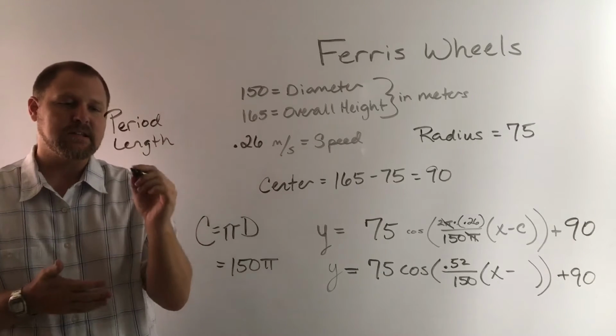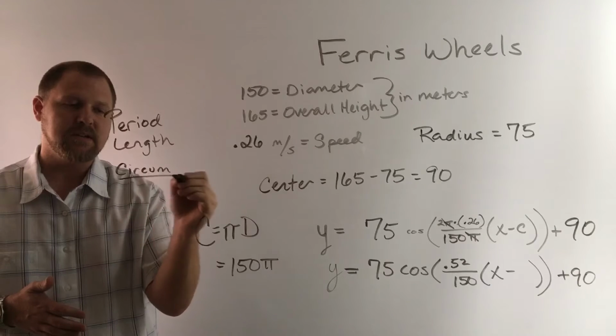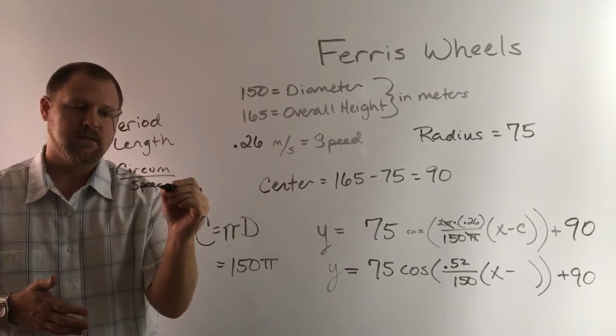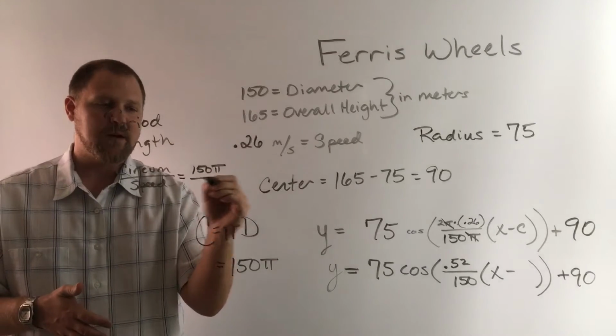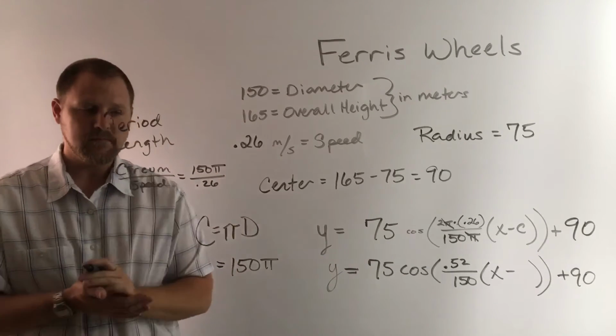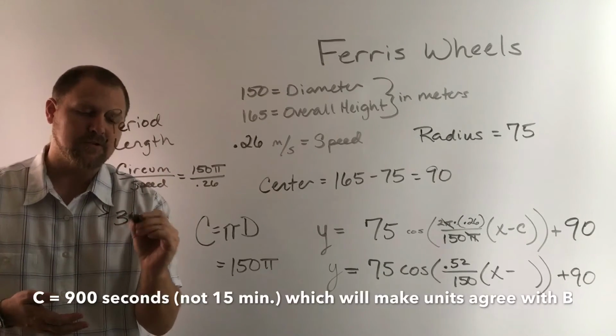The period length is the circumference divided by the speed. So that means we have 150 pi divided by 0.26. And this period length will give you very, very close to 30 minutes.